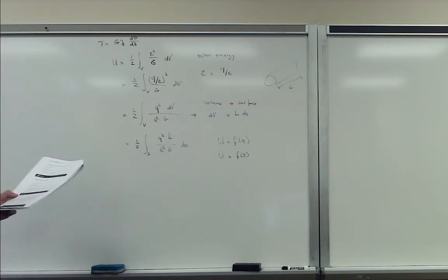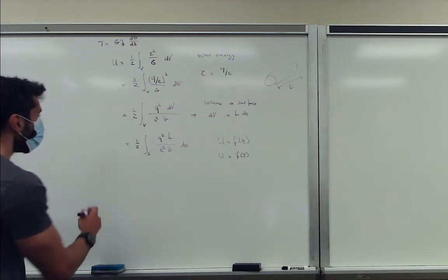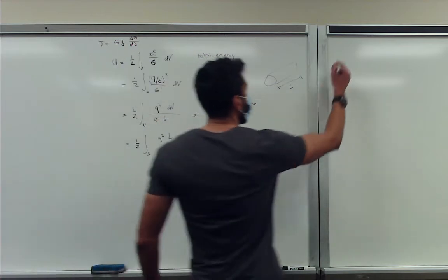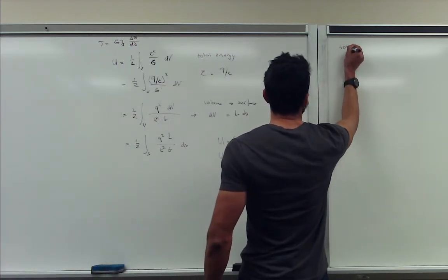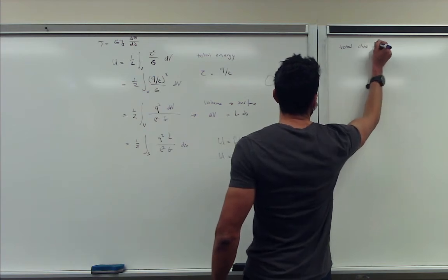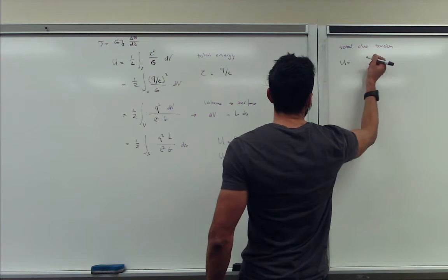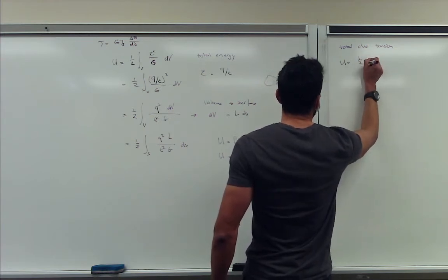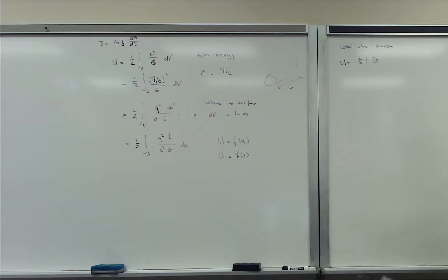So the total energy as function of torsion. This is basically a standard formula for, in this case, for torsions. So we know, let's write that here. So total energy due to torsion is still U, and it's equal to 1/2 T times the total twist angle.